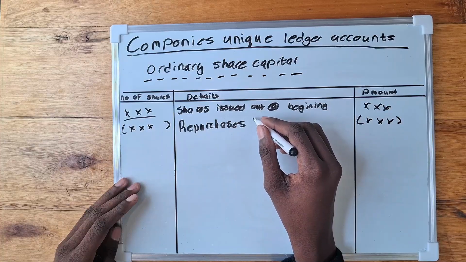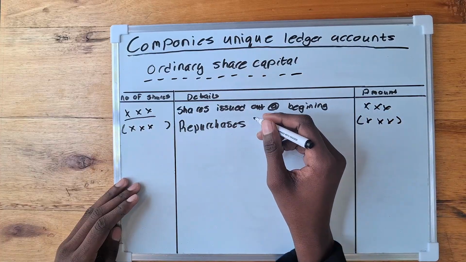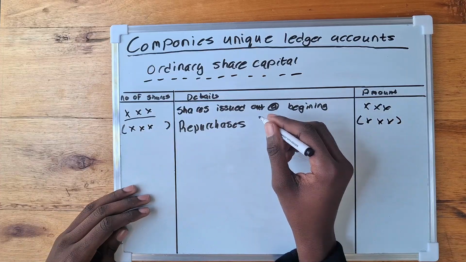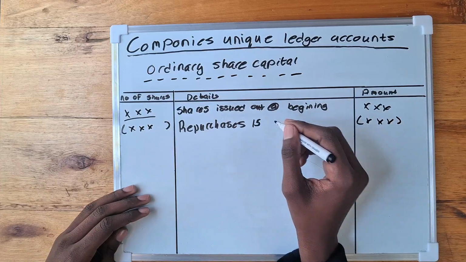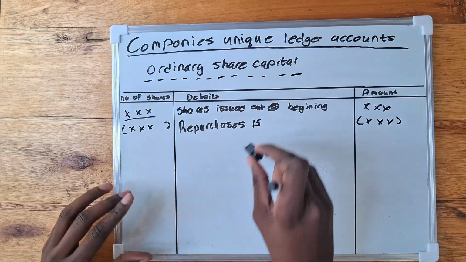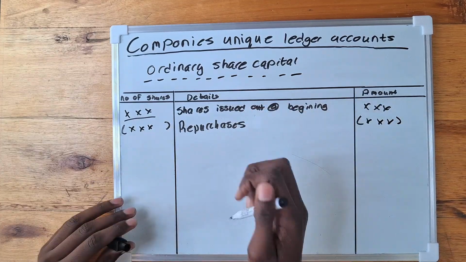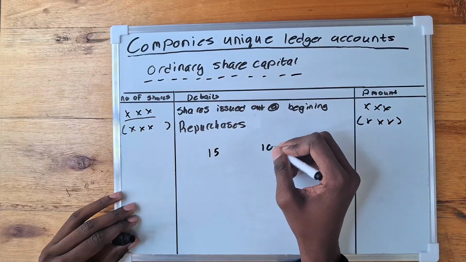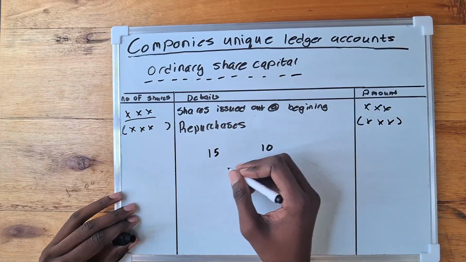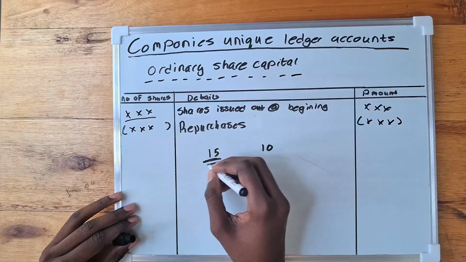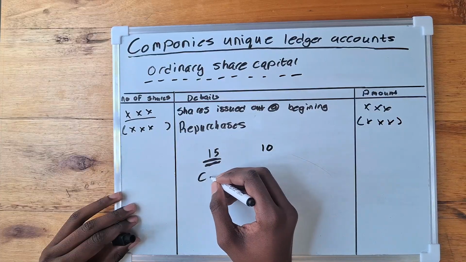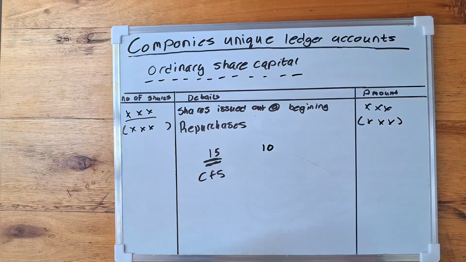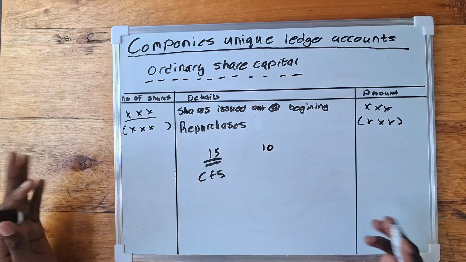For example, in the previous part of this video, we saw that the shares were repurchased for 15 rands, and we know that the value of the share is 10 rands. This means that the 15 rands is what goes to the cash flow statement, which you will cover later on in this accounting bootcamp.